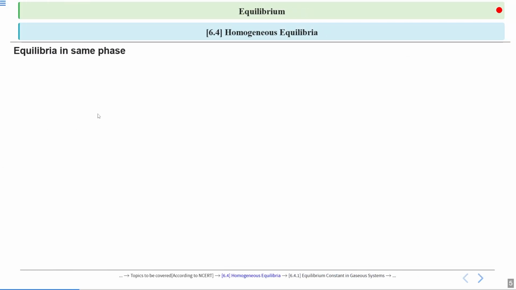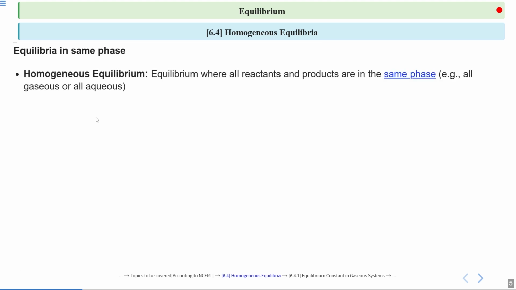Now this homogeneous equilibria is self-explanatory in a way. Why? Because you have already heard this term homogeneous, which means that the whole mixture has the same phase, and the equilibrium where the mixture is in the homogeneous phase, we call homogeneous equilibrium.